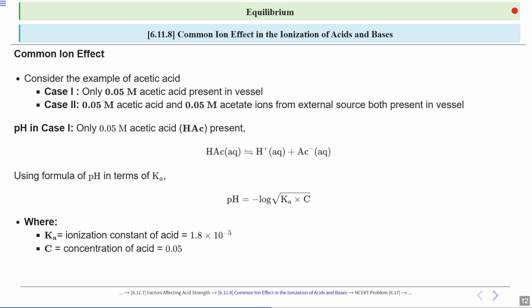What about concentration? In the start, I told you that the concentration will be 0.05. If you put both of these values in the above formula, you will get your pH as 3.02. So this is your first calculation for the pH of simple acetic acid without any common ion effect.